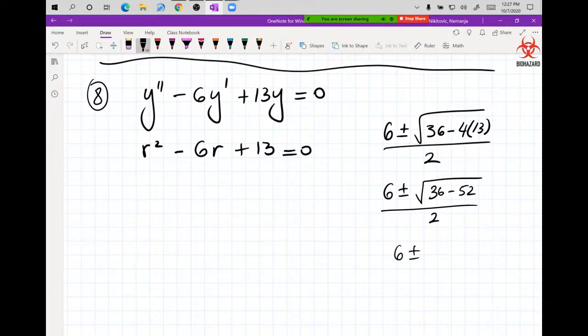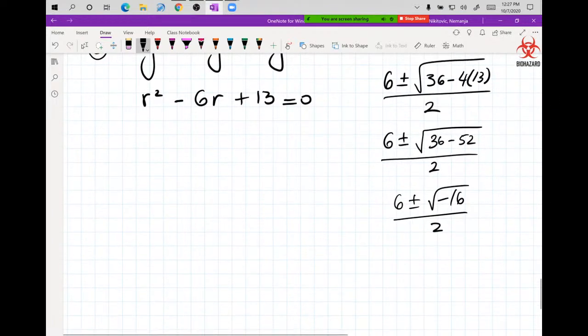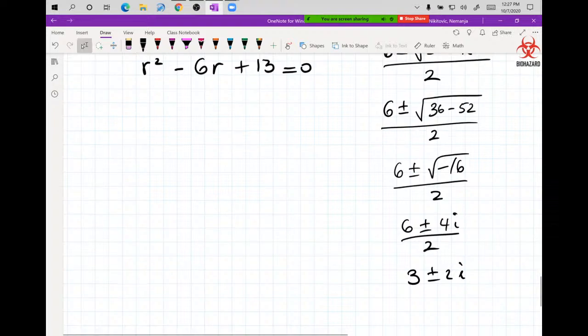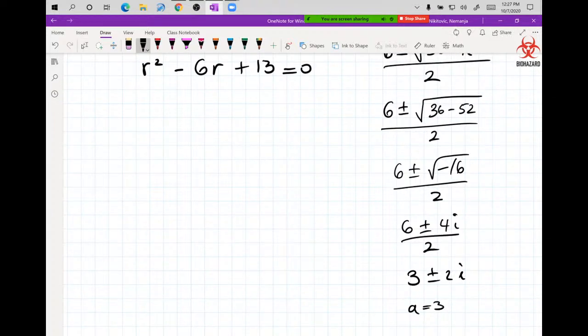And 6 plus minus this, that gives us square root of negative 16. And then we have 6 plus minus 4i divided by 2, and that gives us 3 plus minus 2i. So your a is 3 and b is 2.